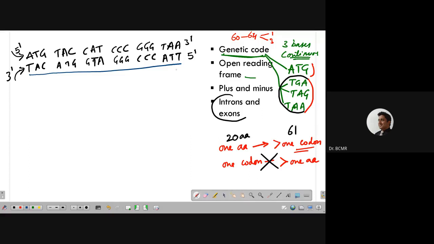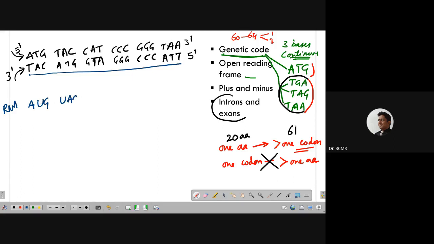So the bottom strand, if it acts as a template, we will also know those things in detail when we read about translation. If it acts as a template, we would get an RNA like this: A, U, G, because it is RNA. So there is no thymine, you will have U instead of thymine.